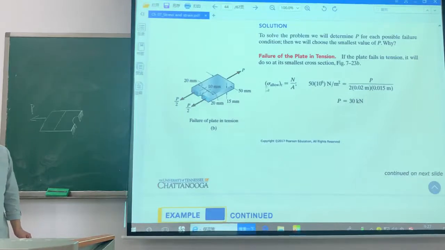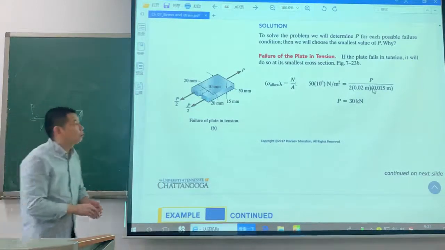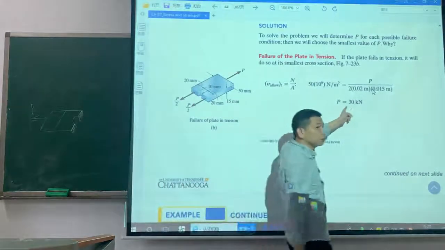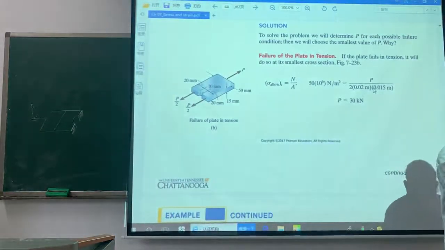Second, the allowable stress is N over A. The allowable stress is 50 Newton per square millimeter, or P over the cross section. So we can find P is 30 kilonewton.